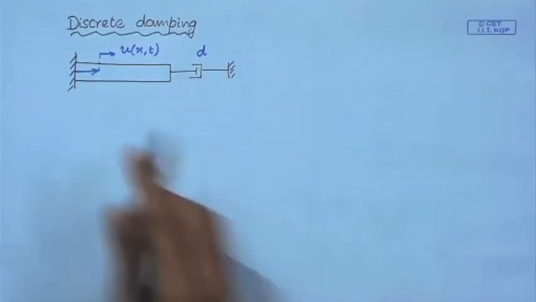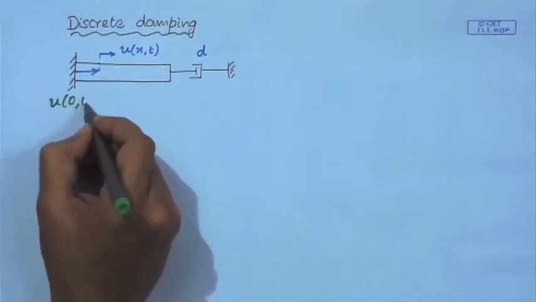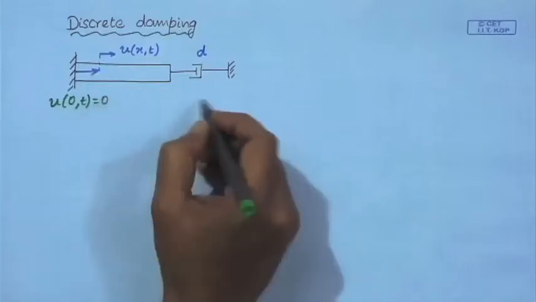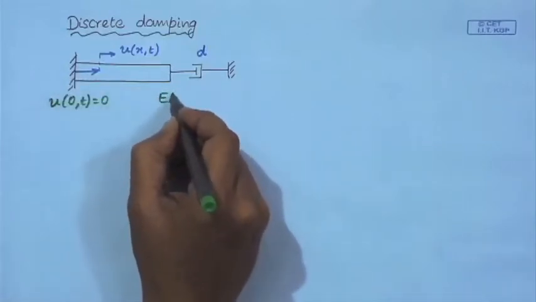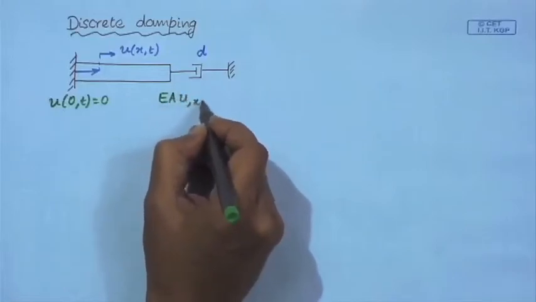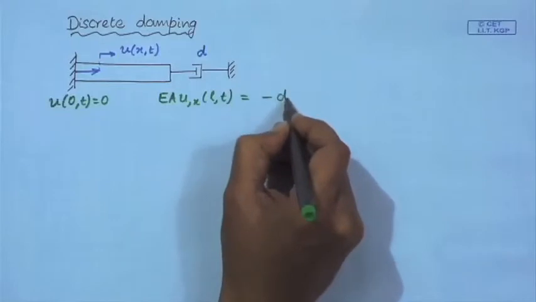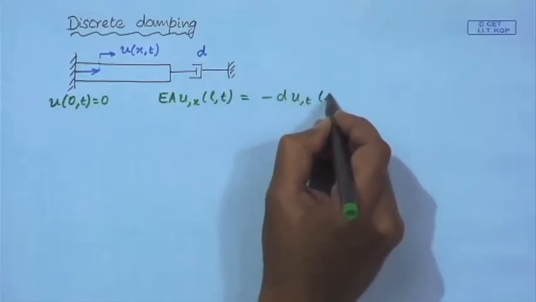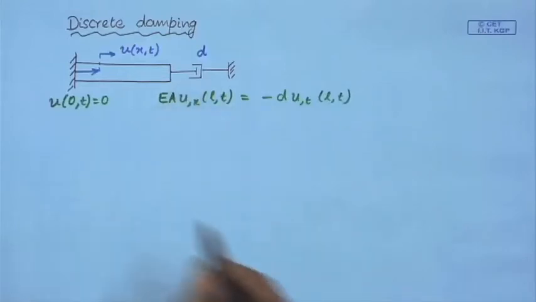So, I can write the boundary conditions of this problem. This is a fixed end, and at this end I have the force because of this damper.